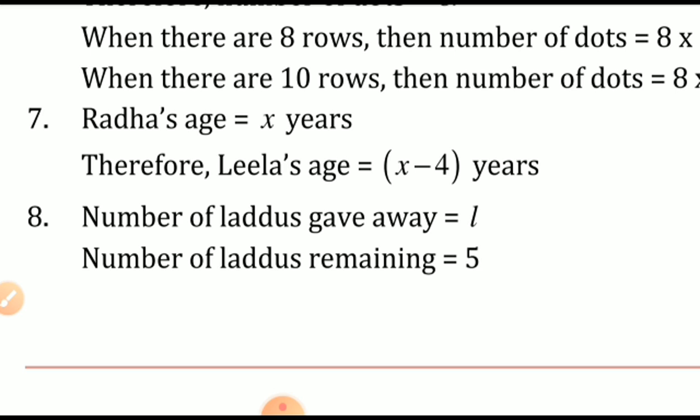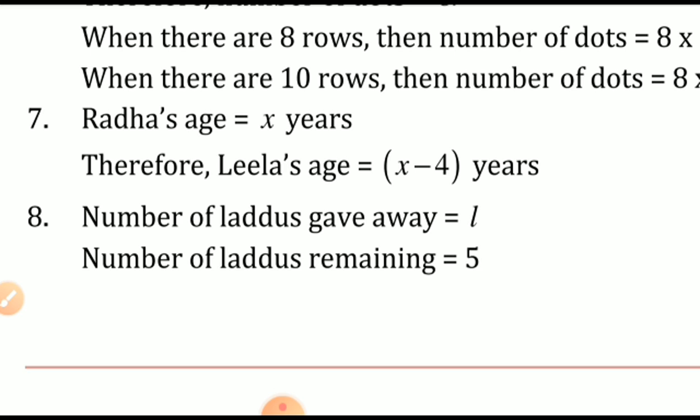Okay. Now look here. Number of laddus given away: how many are there? Suppose it's L. We don't know. An unknown number or variable should be denoted with small alphabets, a, b, c, d.